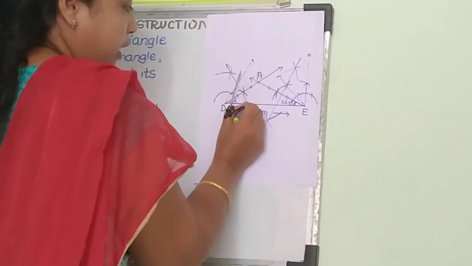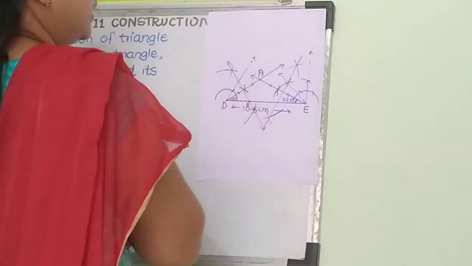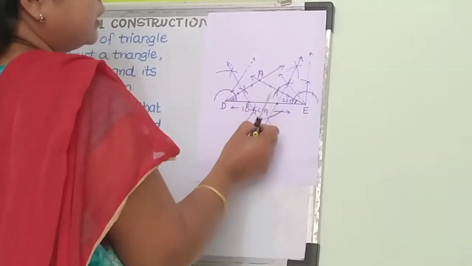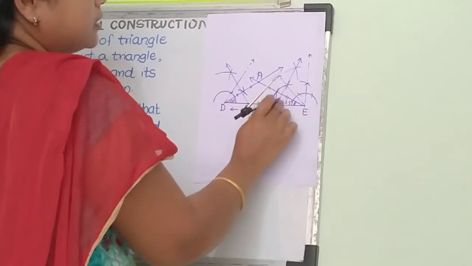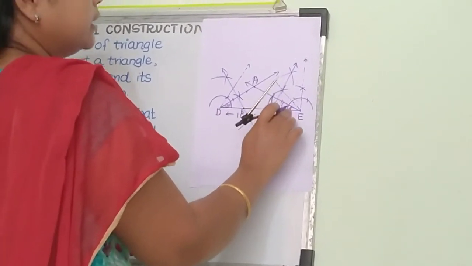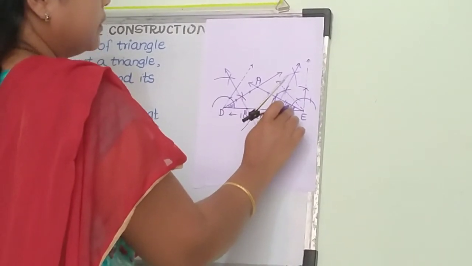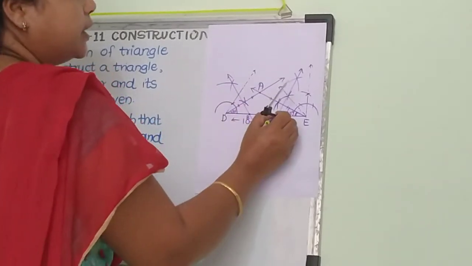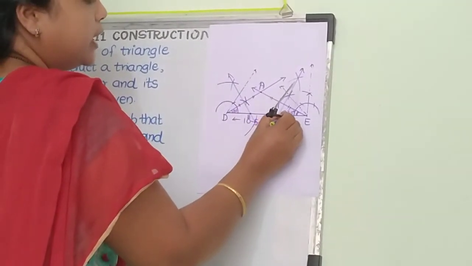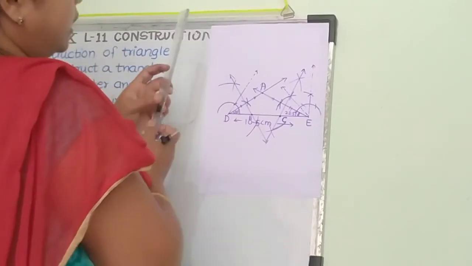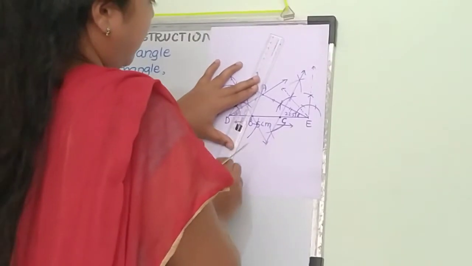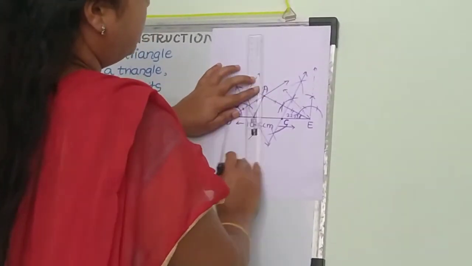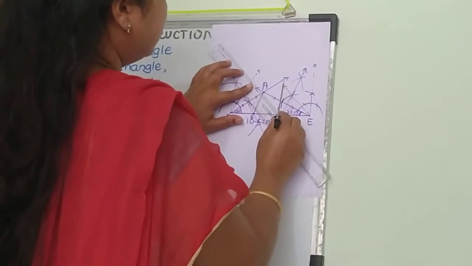B. So here we get the vertex B. And here, see, the angle is 22.5, that is the half of 45 degree, and the 45 degree angle is of C. So here we get the vertex C of the triangle. Now once we get these three vertices, we have to join AB and AC.